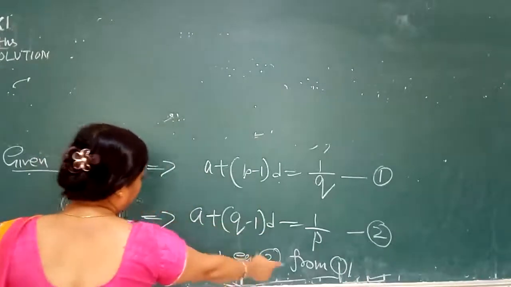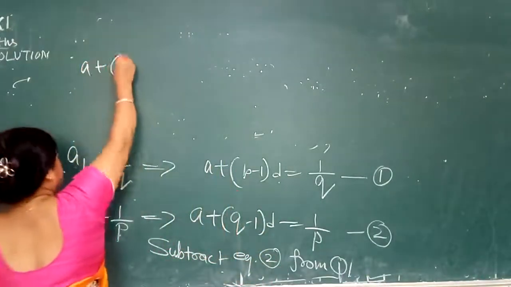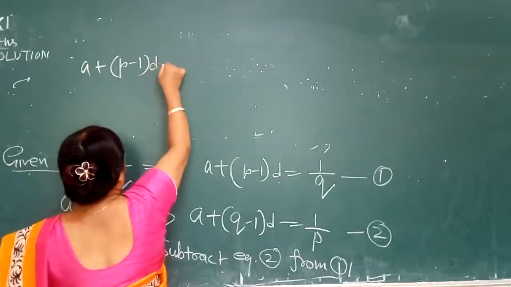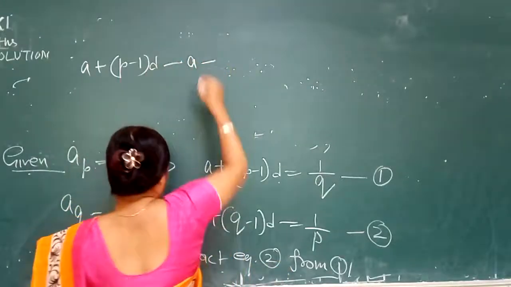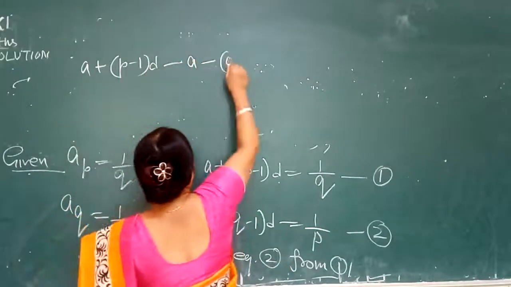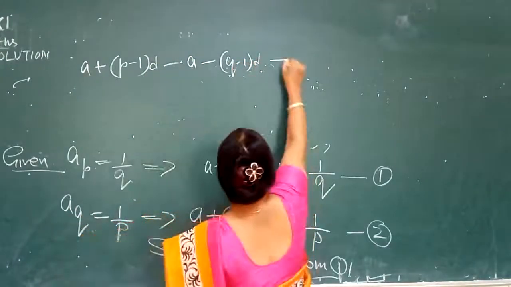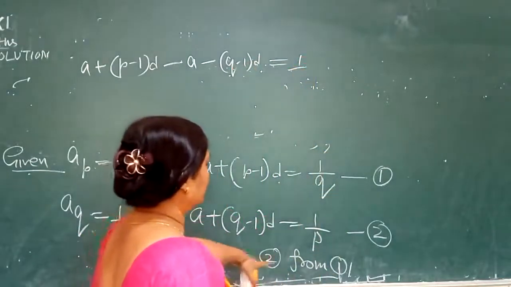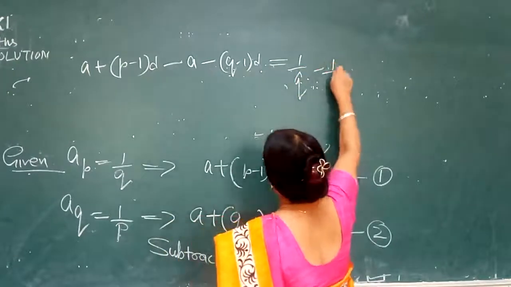This one, from equation 1 it is this one. So we will write here a plus p minus 1 into d minus a plus q minus 1 into d, and that is equal to 1 upon q minus 1 upon p.